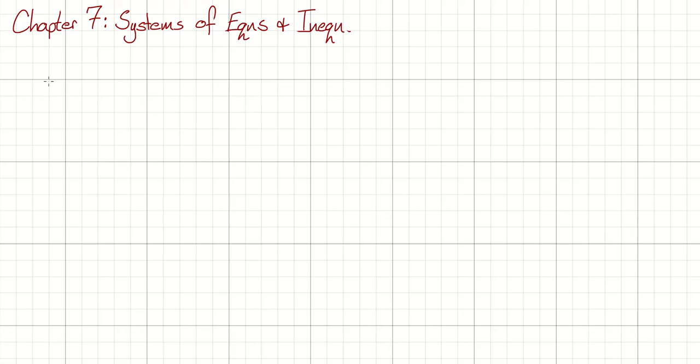But to start off, I want us to look today at 7.1, and we are looking at substitution. So 7.1 is our focus. That's this section. Substitution. I'm going to sneak this in as a vocab right off the bat.